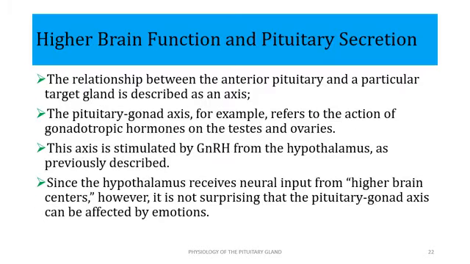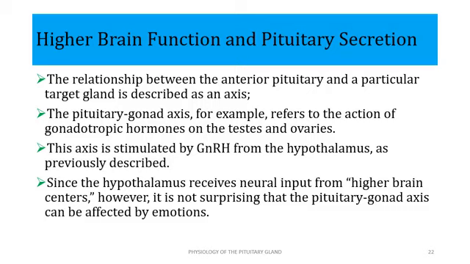Higher brain function and the pituitary secretion. We say there is a relationship between the anterior pituitary and particular glands, and this is described as an axis. For example, we have the pituitary gonadal axis. This is a relationship between the pituitary and the gonad, and this is stimulated by gonadotropin releasing hormone from the hypothalamus.